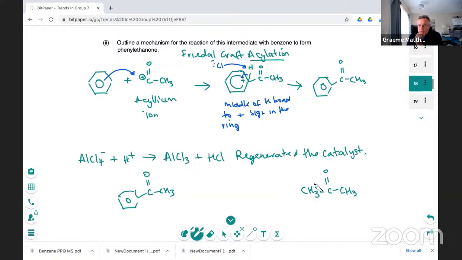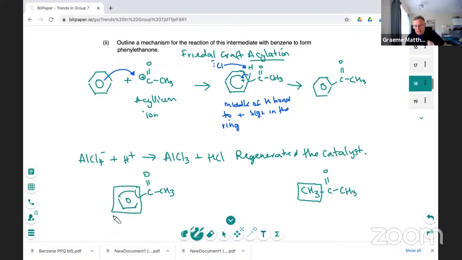All I've done is replace an alkyl group with an aryl group, and this is no longer propanone. Just because I've replaced the alkyl group with an aryl group, it drops down.